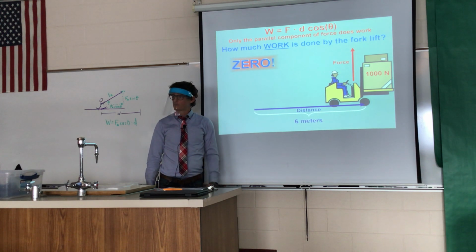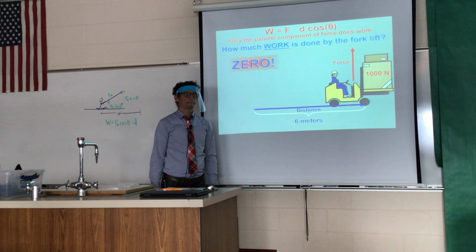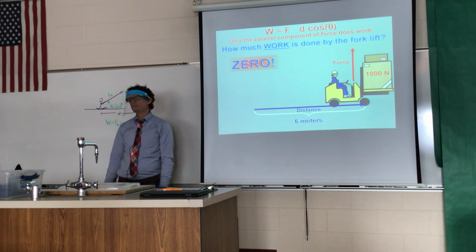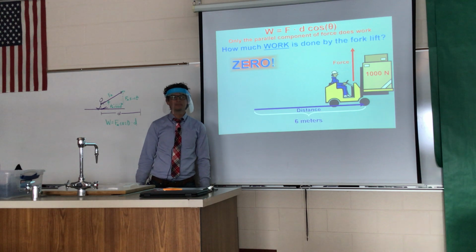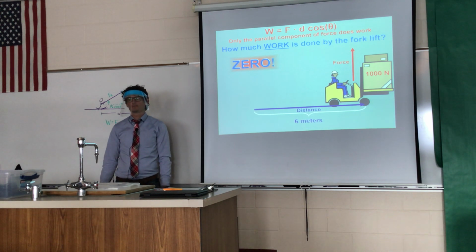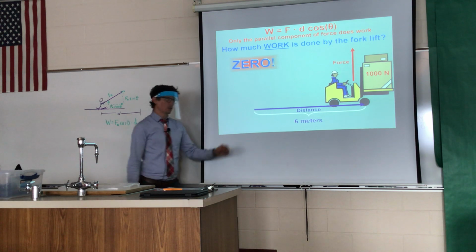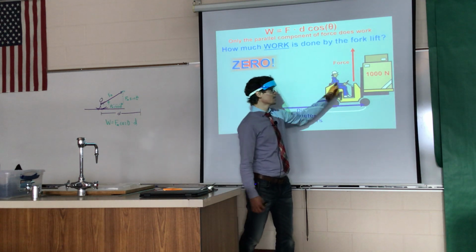Why is that? We're going to need some calculators today anyway. Let's get them out just to prove a very simple thing here. So what is the angle between the distance and the force?